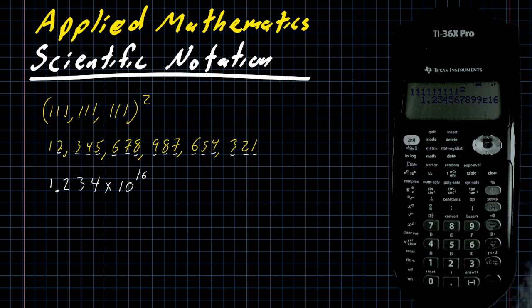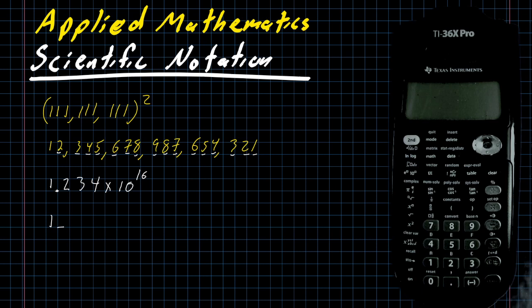To take a number that's in scientific notation and rewrite it in standard notation, you write down the first digit. Then you are going to need, in this case, 16 additional digits, however many the number that is in that exponent.